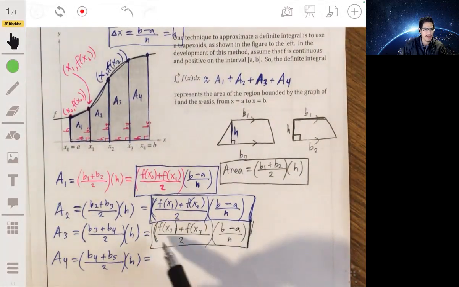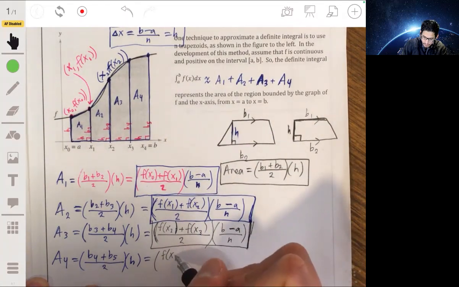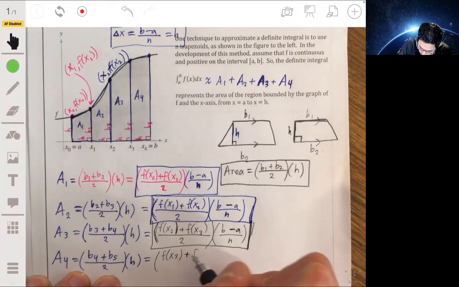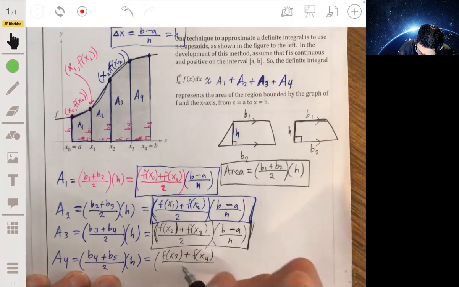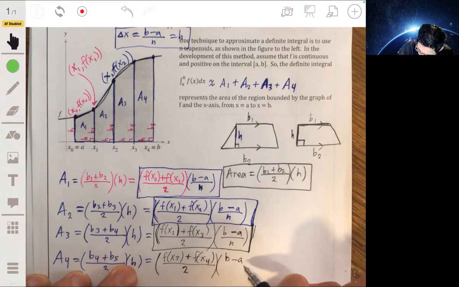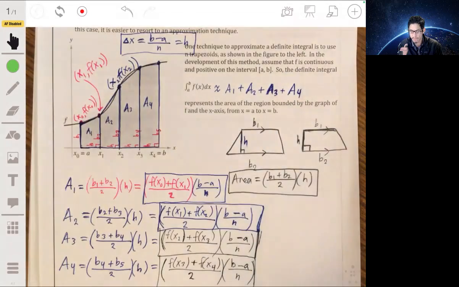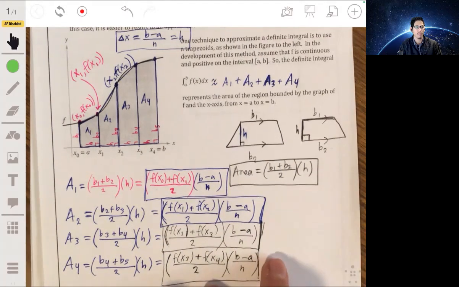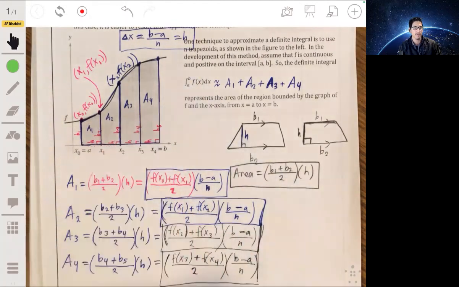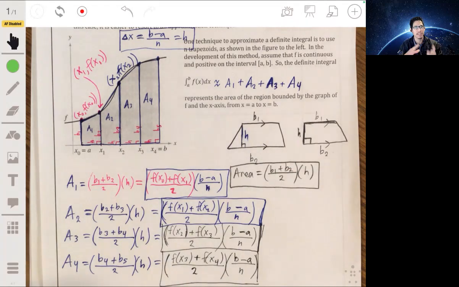And then A4 will be f of x3 plus f of x4 over 2 times b minus a over n again. So we add all these up, and we'll get the approximation for the area of that integral by adding those four trapezoids up. So this is the general concept behind the trapezoidal rule.